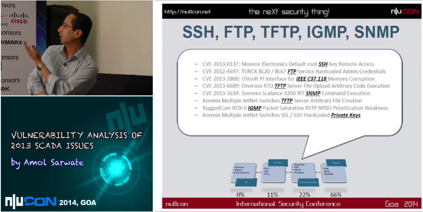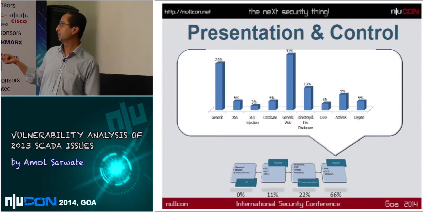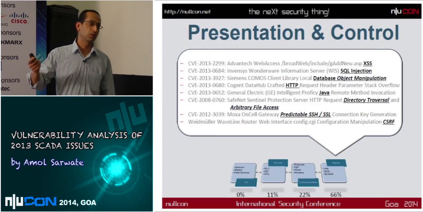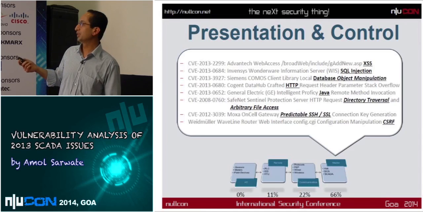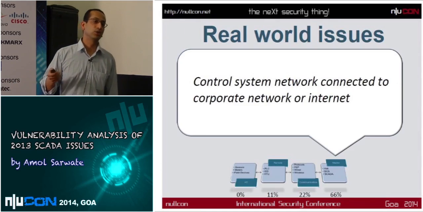So these are some of the vulnerabilities in the SCADA master. Apart from all these small vulnerabilities, what is the real world issue? The real world issue is that a SCADA system is connected to the intranet or to the internet. I think that is the real issue causing this SCADA havoc.